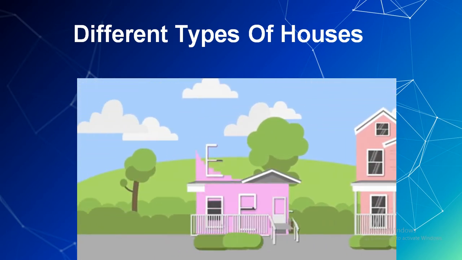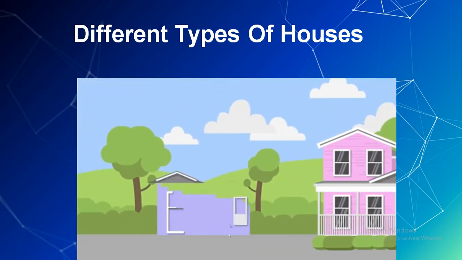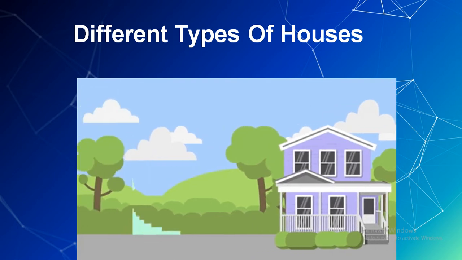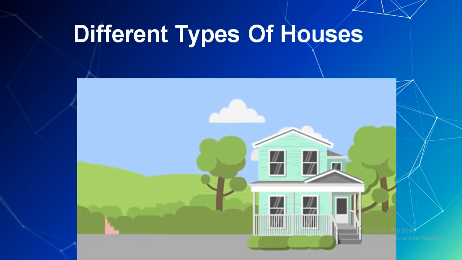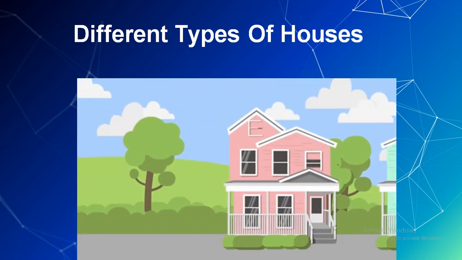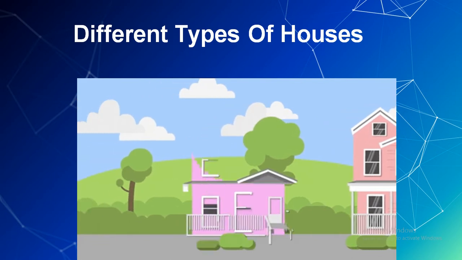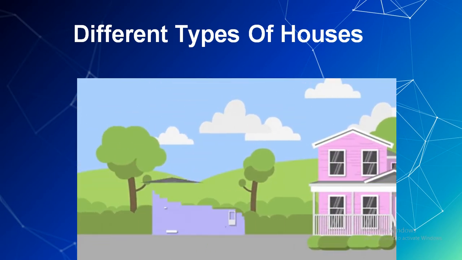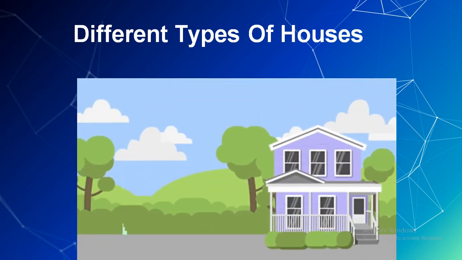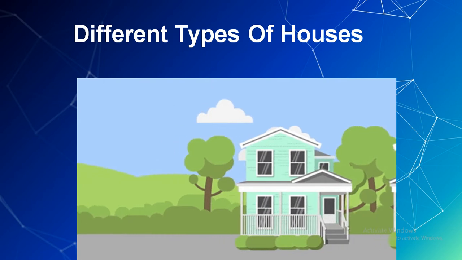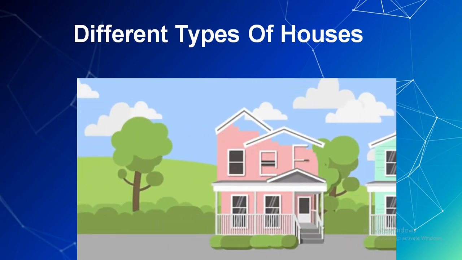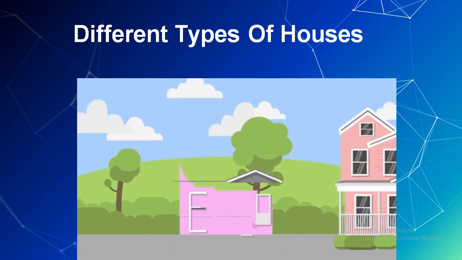Okay, so students, let's start our lesson. Today we will continue our study, and that is Chapter 6, different types of houses.